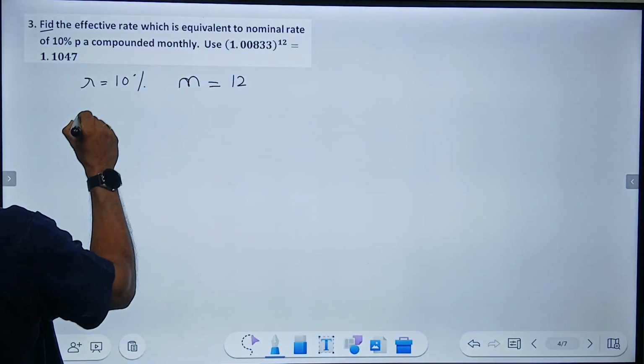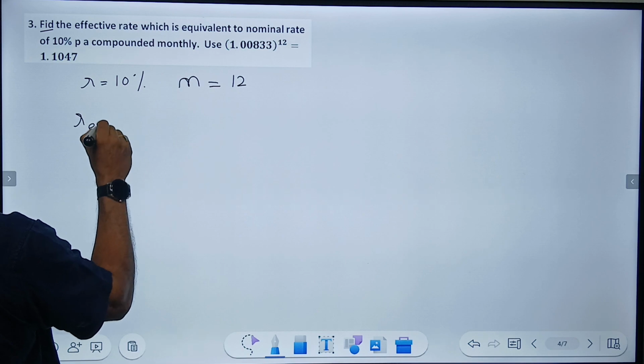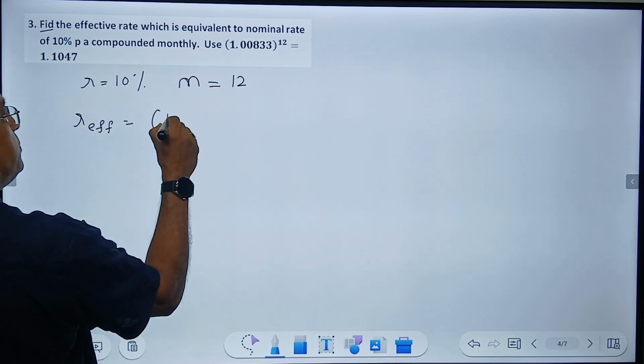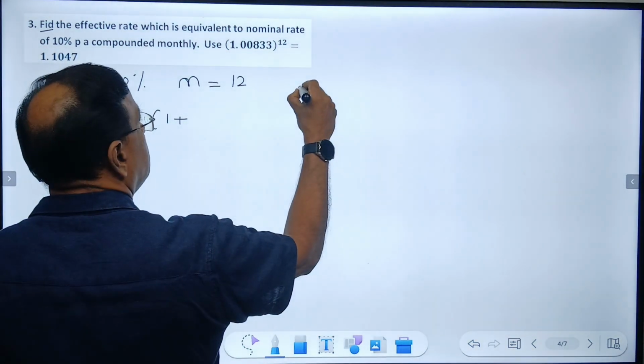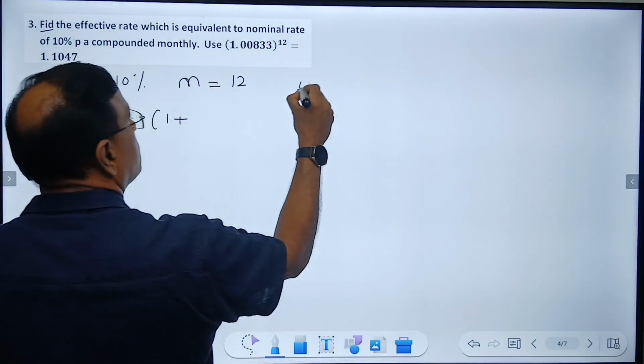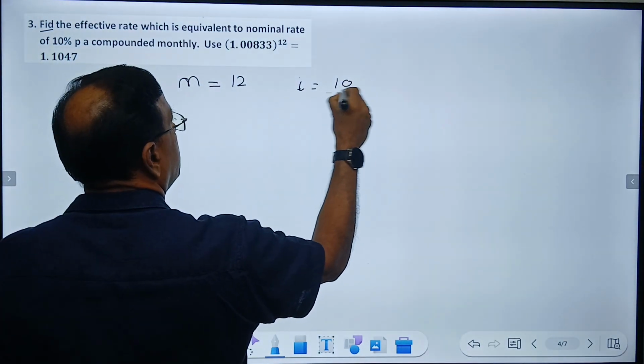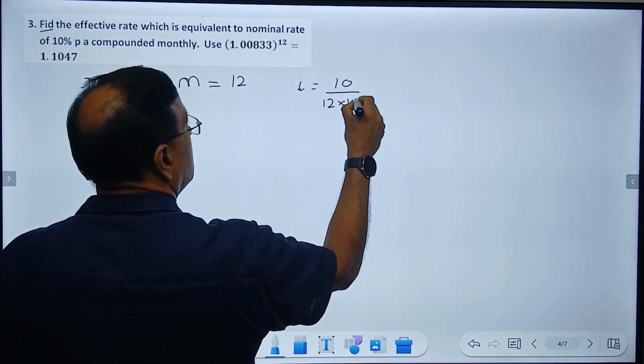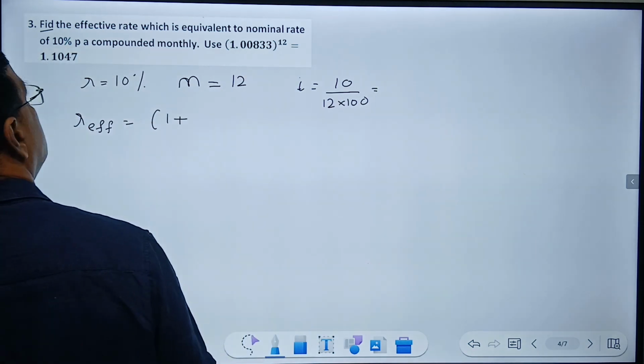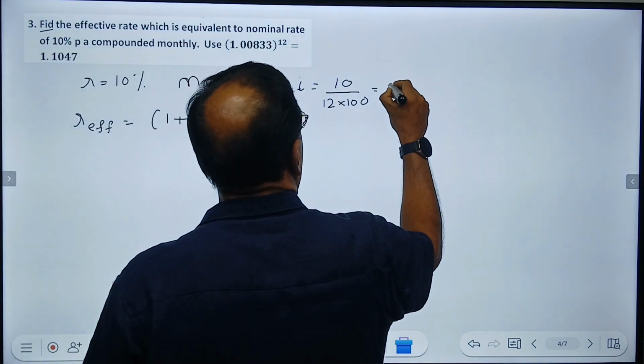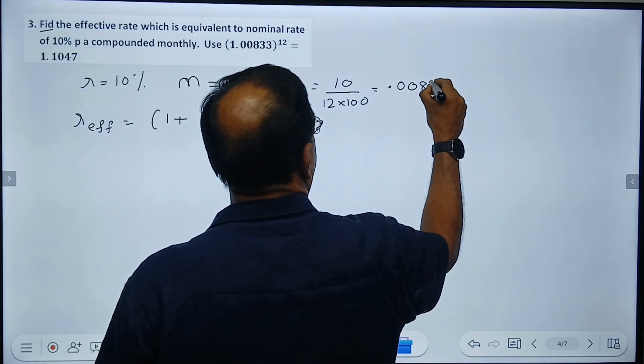Therefore, R effective equal to (1 plus R by M) the whole power M minus 1. What is R by M? Your interest will be 10 divided by 12 into 100, which I think is 0.00833.